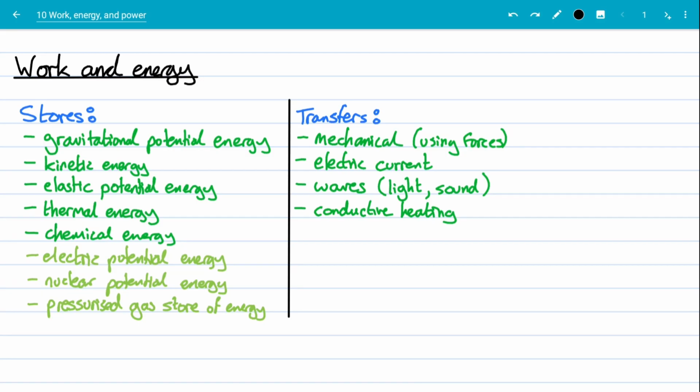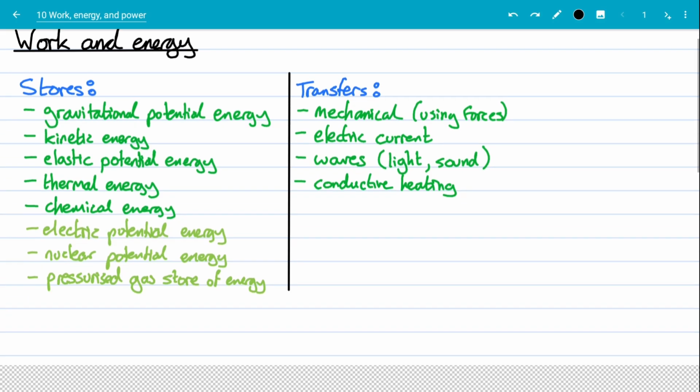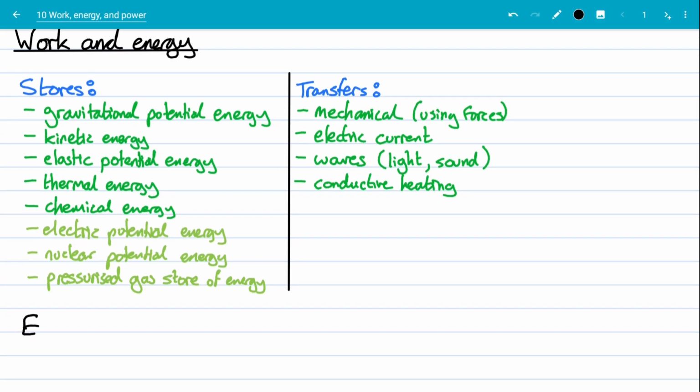Right, okay, anything else we need to talk about here? Conservation of energy, so we could say energy is conserved. What we mean by that is, in a closed system, we've already talked about what a closed system means, that's where energy can't be transferred in and out, and then we're saying energy is conserved in a closed system. Sounds like circular reasoning.